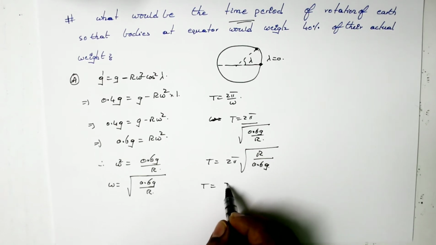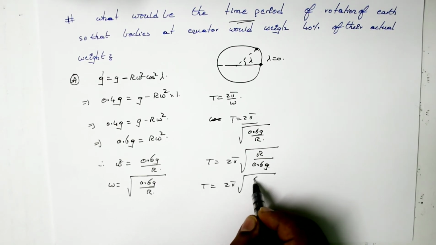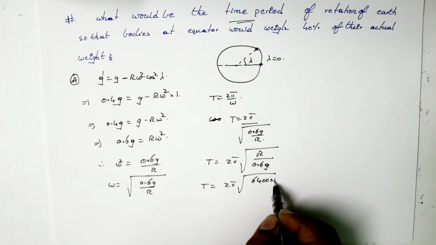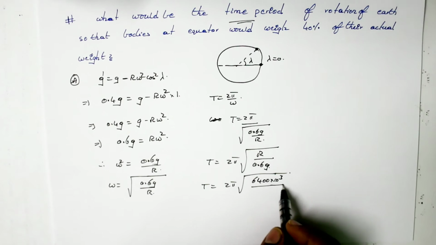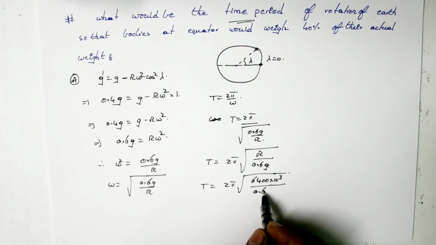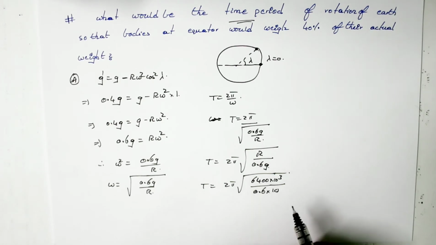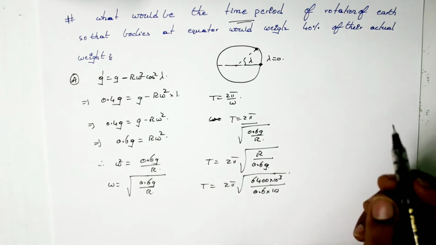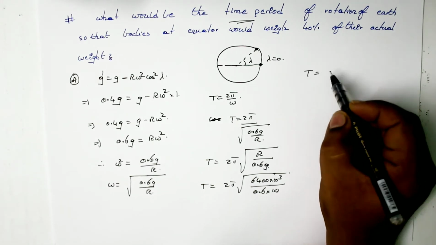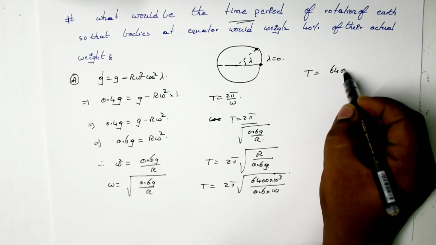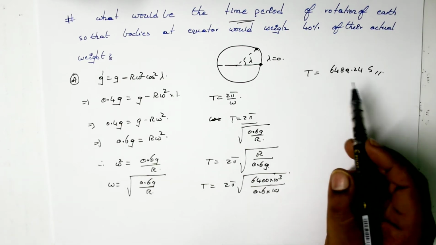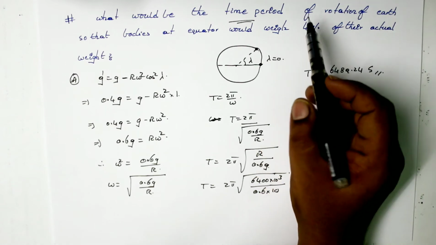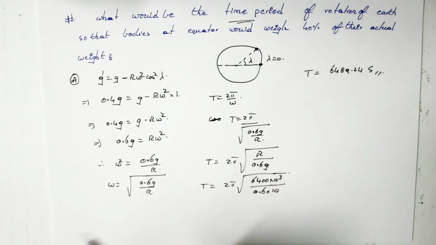Therefore T is equal to 2 pi into the square root of 6400 kilometer into 10 power 3, which converts it into meters, divided by 0.6 into g, taking g approximately to be 10. If I do this calculation, I get the time period to be 6489.24 seconds. So this will be the time taken if weight reduces by 40%.